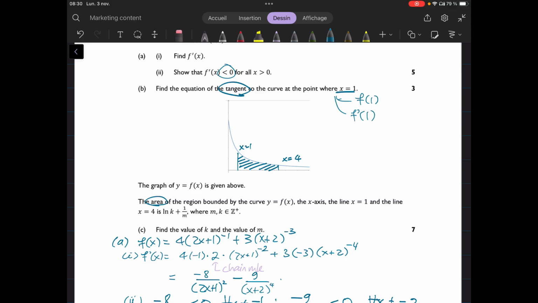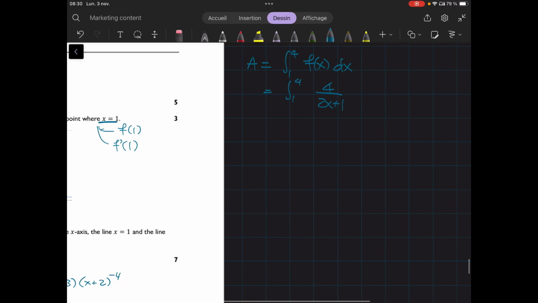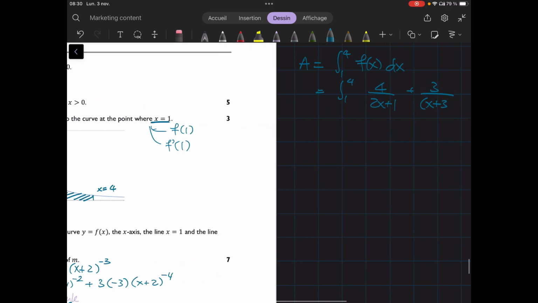So you don't need to care about the intersections with the x-axis. So the area is simply going to be the integral from 1 to 4 of f of x dx, where f of x is 4 divided by (2x plus 1) plus 3 divided by (x plus 2) cubed.